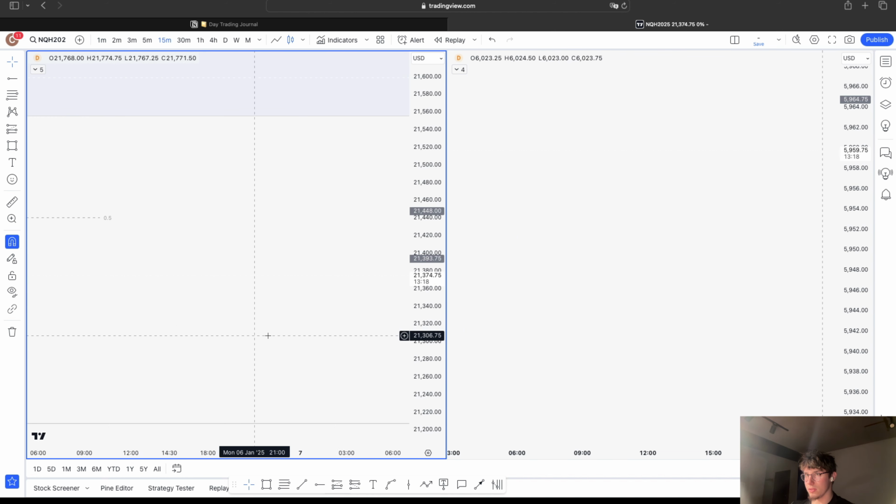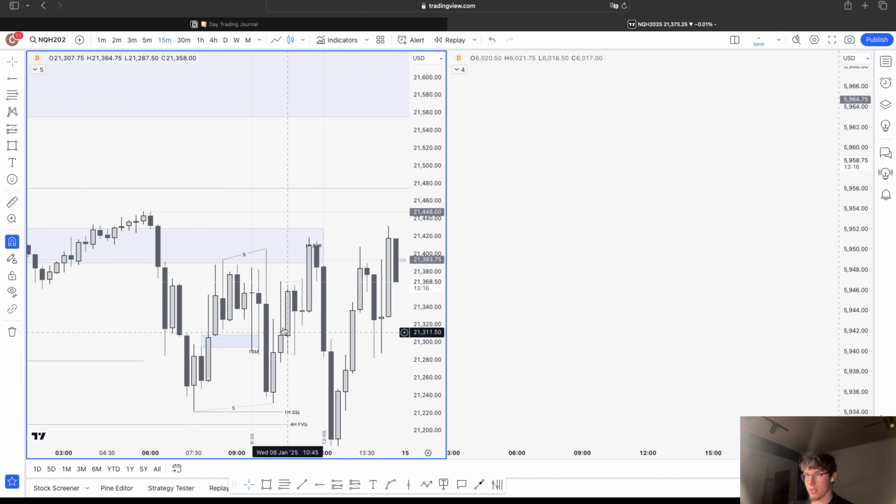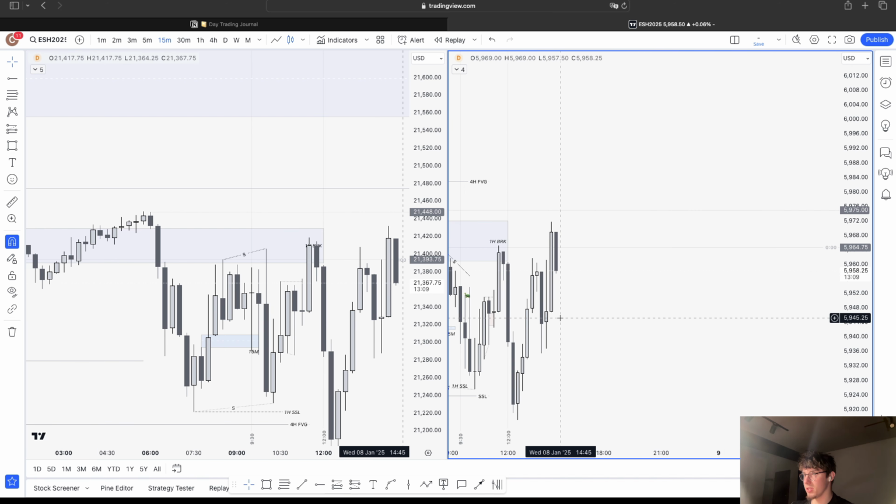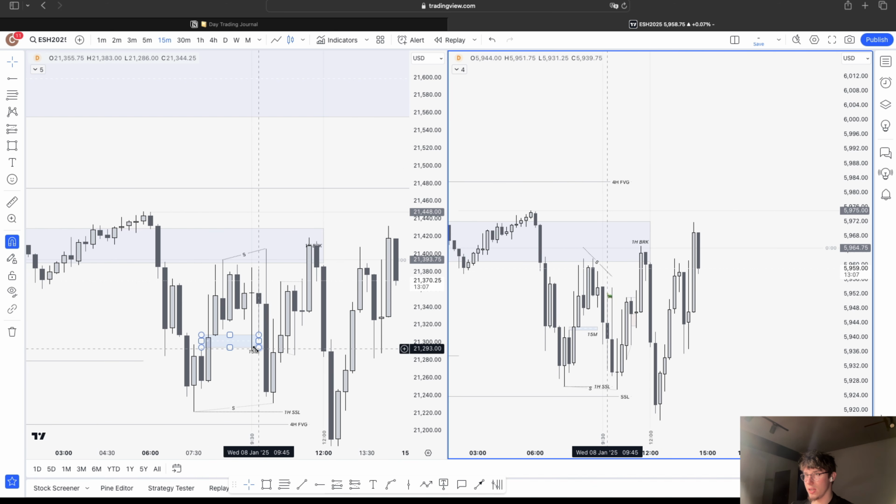Look how we closed on 15 minutes. There was this huge wick, a dodgy candle. There was still the possibility to go lower, take this low and go higher. On 1 minute there was no FVG, and I just got stopped out because on 15 minutes it was dodgy, so there was still the possibility that price would go there, take this low, and move higher to accumulate, to manipulate that.